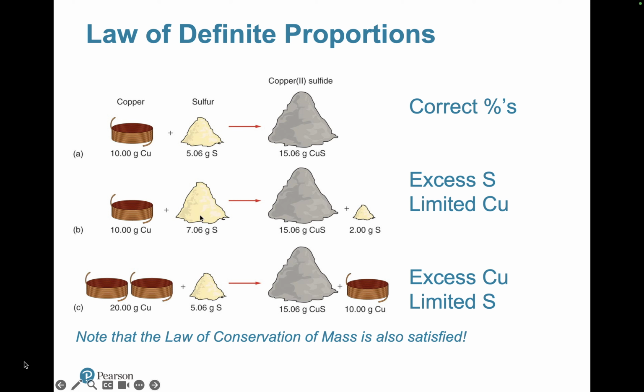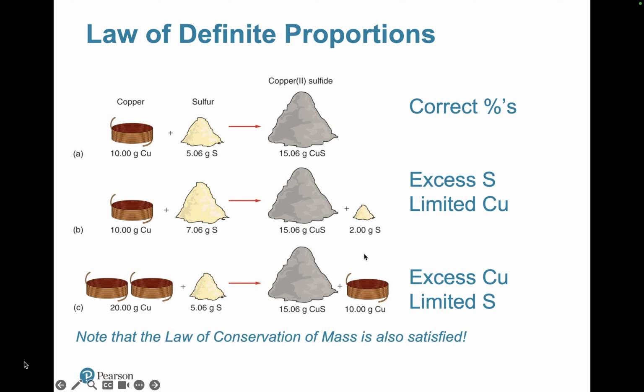If you have too much sulfur, and here we have 2 grams extra of sulfur, then we get 2 grams of sulfur left over, and we still only make 15.06 grams of copper 2 sulfide. And then the same thing is true of having extra copper. If we have 10 grams of extra copper and we combine it, we can still only get the 15.06 grams of copper sulfide, right? And then we'll have 10 grams of copper left over.